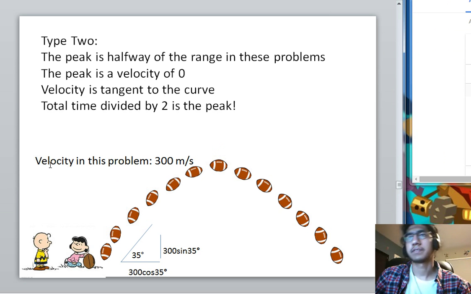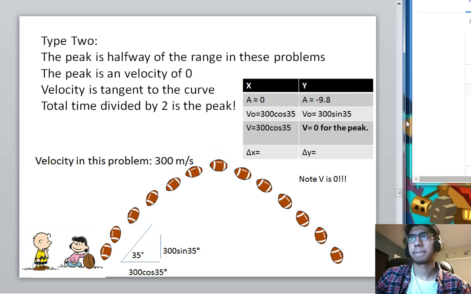We're given that velocity in this problem is 300 meters per second, so we break that into components like we've always done. You can see that here. And then we make an XY chart. A equals 0 for X, as always. A equals negative 9.8 for Y, because gravity is the only thing acting on it.